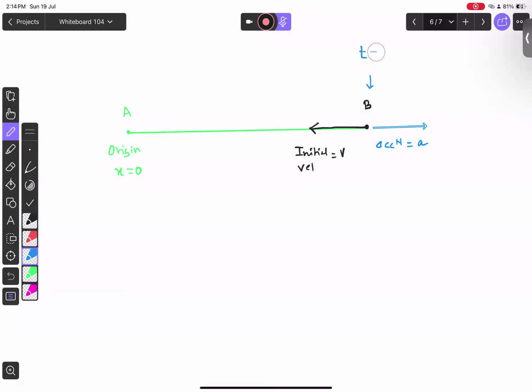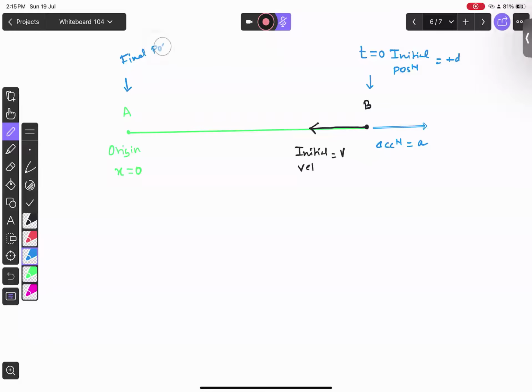At t equals 0, what is its position? What x coordinate will you give to this initial position? The initial position is plus D. At time t, it arrives at the place of A because they have to collide. So what is the final position of B?